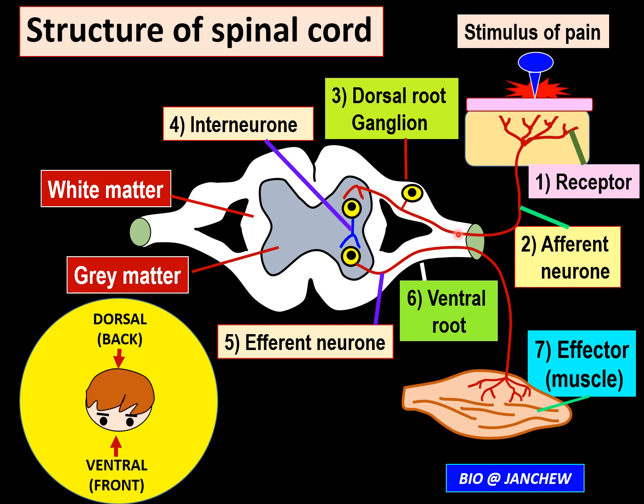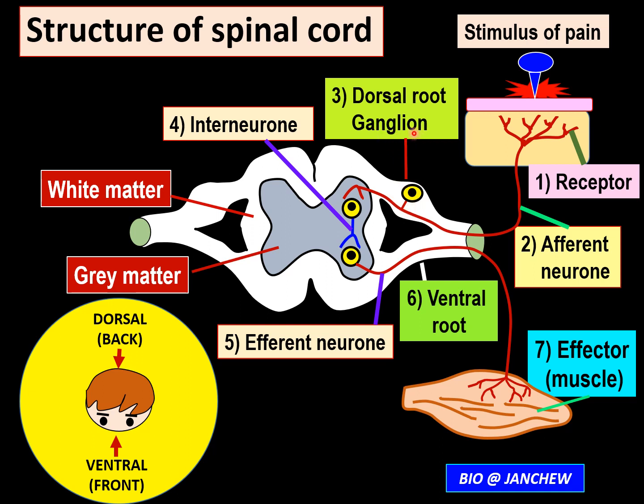The cell body is represented by this circle with a dot, to simplify the diagram. The cell body of the afferent neuron is located in the dorsal root. There'll be a group of them together, so it'll form a bulge, a swelling, which we call ganglion.